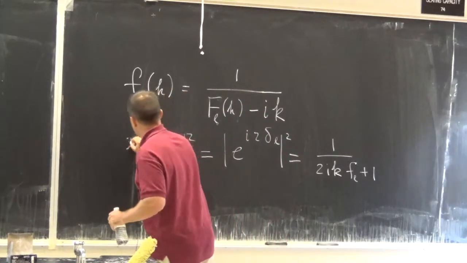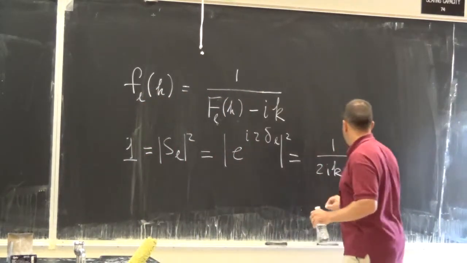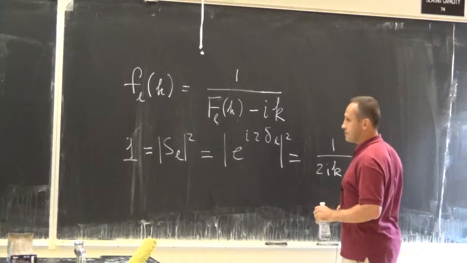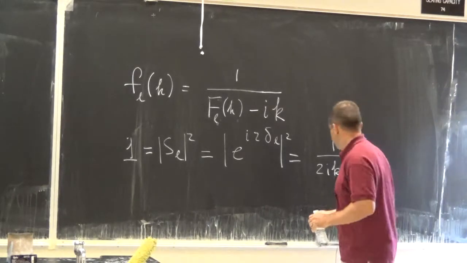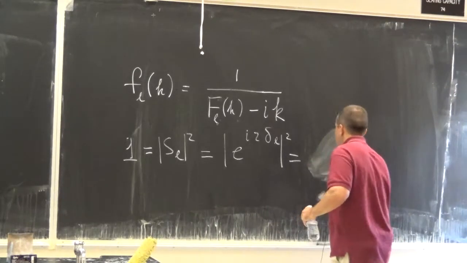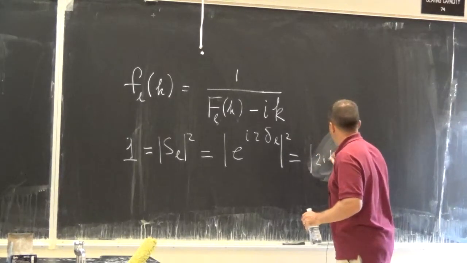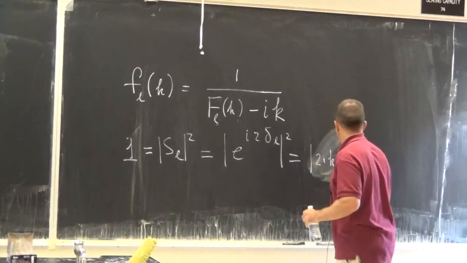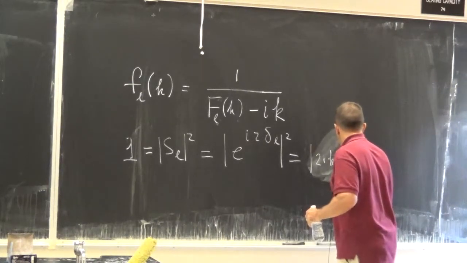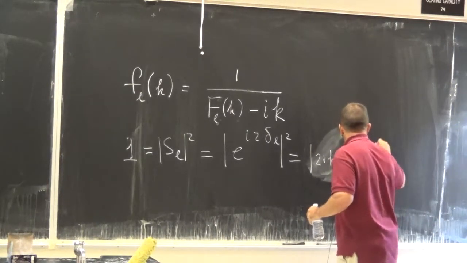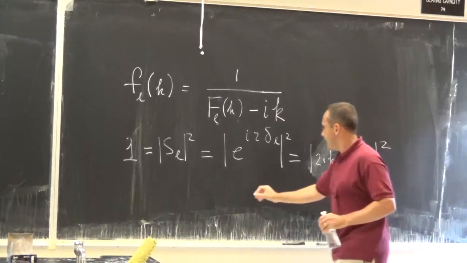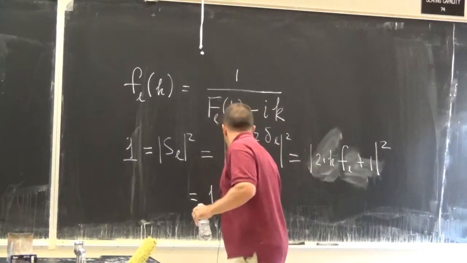so you get 1. And when I take a square of this, sorry, I don't know why I wrote 1 over. When I take a square of this, 2IK F plus 1 squared, so I get 1.